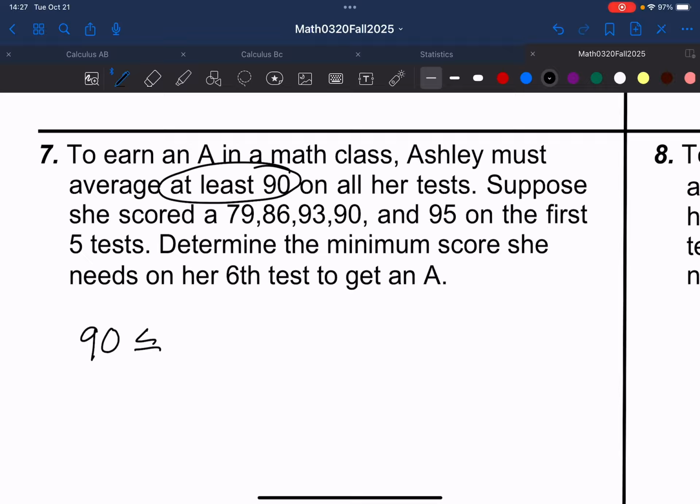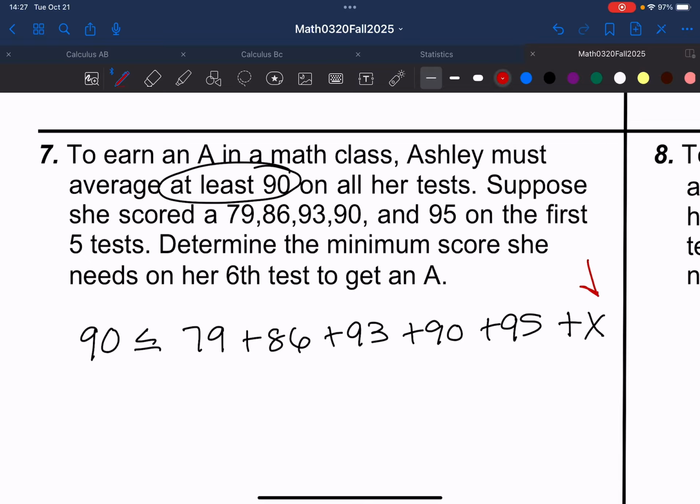In order to calculate average, we add up all the numbers and divide by the total number. So 79 plus 86 plus 93 plus 90 plus 95 plus x. We're going to let x represent her 6th test, and then we're going to divide this all by 6.